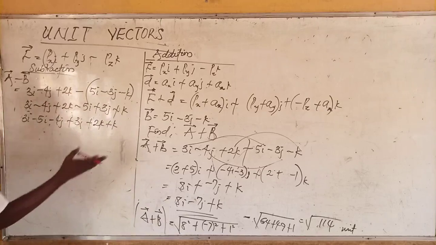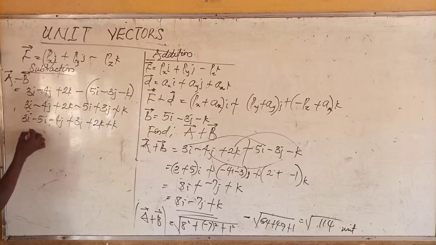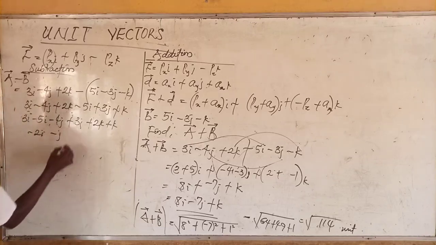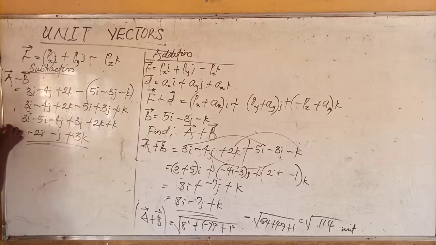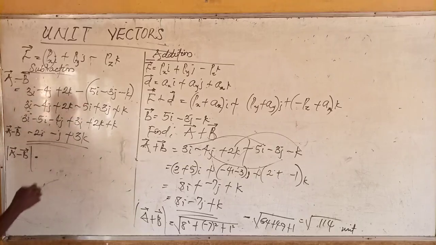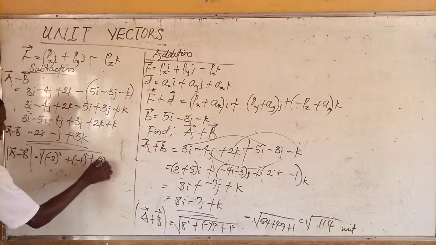Right, rather than even opening brackets and all that. So you can just do this, and you have this minus this is what? Minus 2i. Then minus 4j plus this is minus j, and you have plus 3k. And this will be the value of a vector minus b vector. And if you are told to find the magnitude of that, it would be equal to the square root of minus 2 squared plus minus 1 squared and plus 3 squared.